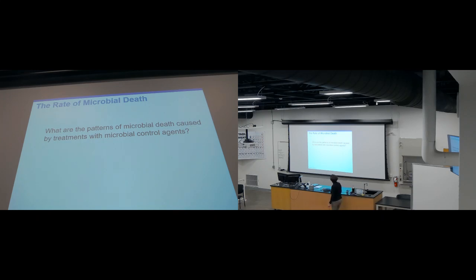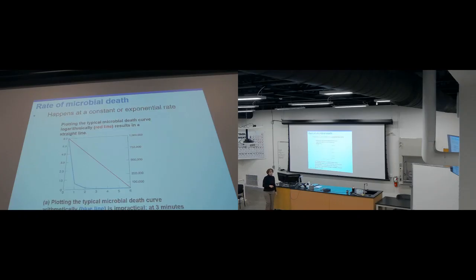So now, from the growth curve that we saw previously on microorganisms, we're going to focus on the cell death phase, and then we're going to see what microbial control agents can help to increase microbial death.